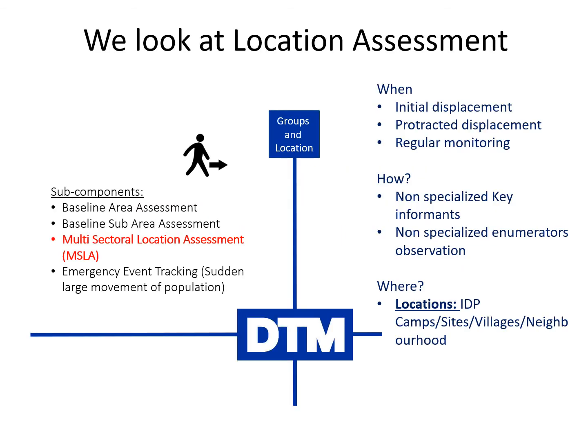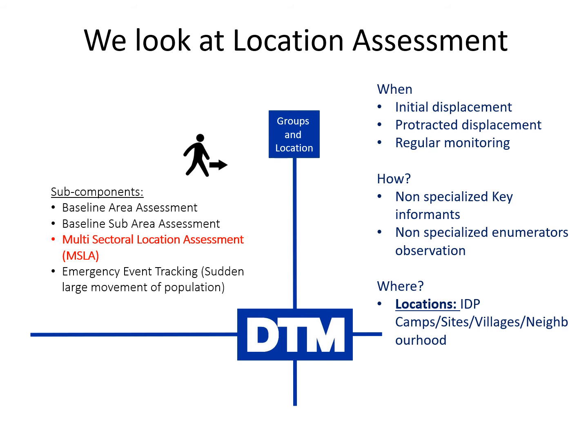Let's look specifically now at location assessment. Location assessment is a subcomponent of mobility tracking. It is implemented during initial displacement as well as during protracted displacement. It is implemented at regular intervals of time, meaning that it can be used as a monitoring system to look at changes over time.